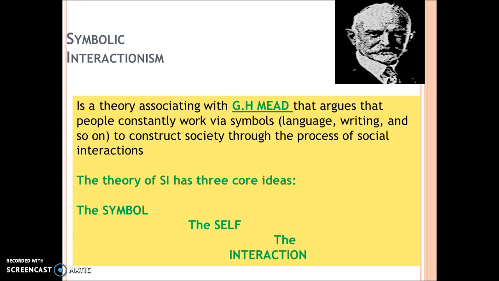For example, we have mothers, fathers, boys, girls, brothers, sisters, teachers, dinner ladies, shop assistants. When we're out in the world, we look at who we're looking at, the symbol, the label. We look at ourselves in relation to who we are interacting with, and that will form the basis of our interaction.